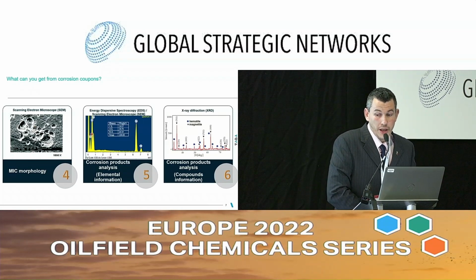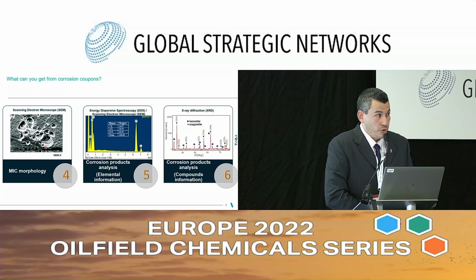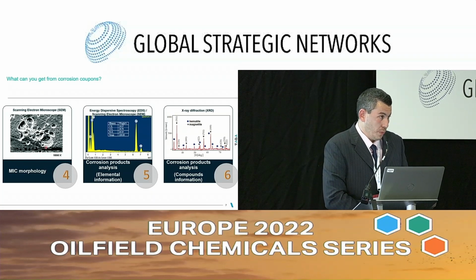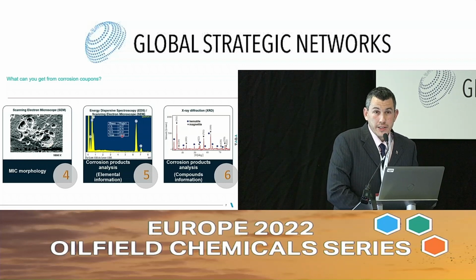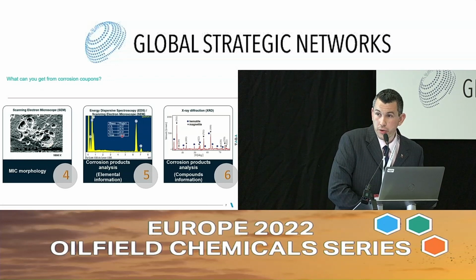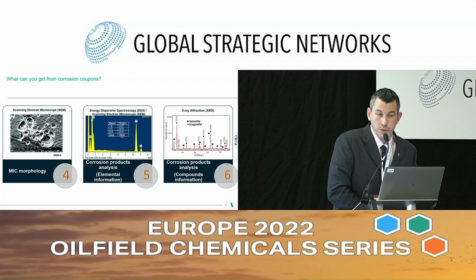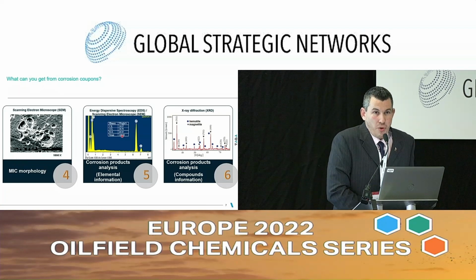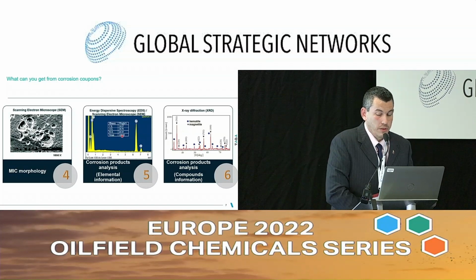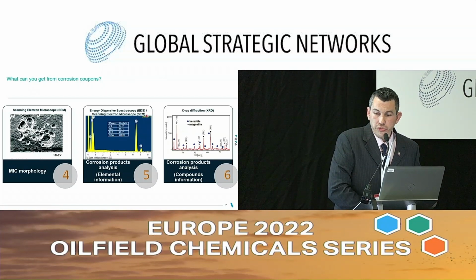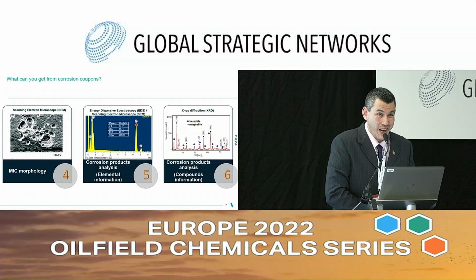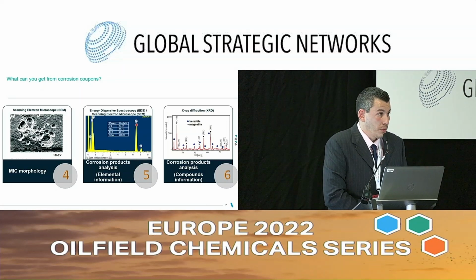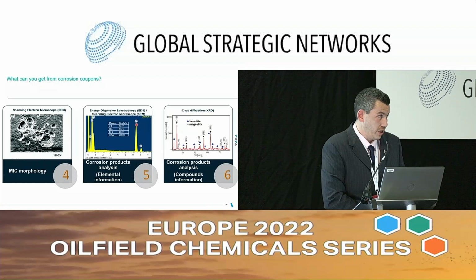And additionally, with those corrosion products that we can get on the corrosion coupon, we can also send them to the lab and ask, hey guys, can you help me understand what my corrosion products are? Because that's also evidence of the type of corrosion that we have. So if you have oxygen as part of your corrosion products in oil and gas, that's quite strange, because usually we don't have oxygen in our systems.